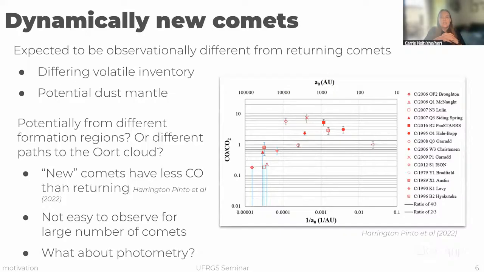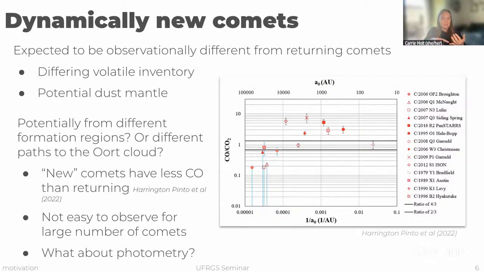We do actually expect them to be different observationally, because if they've had several solar passages near the sun and are processed, we would expect them to have different volatile inventory. And when I say volatiles, I'm mostly meaning ices that are sublimating.